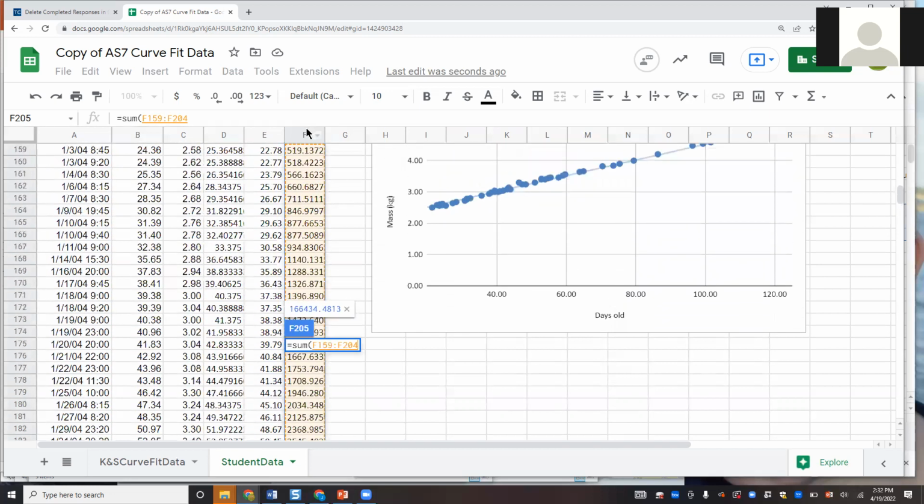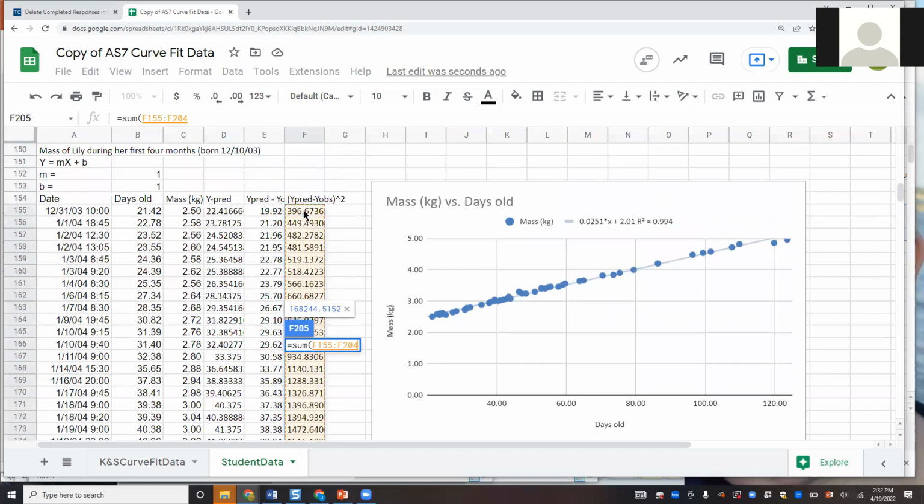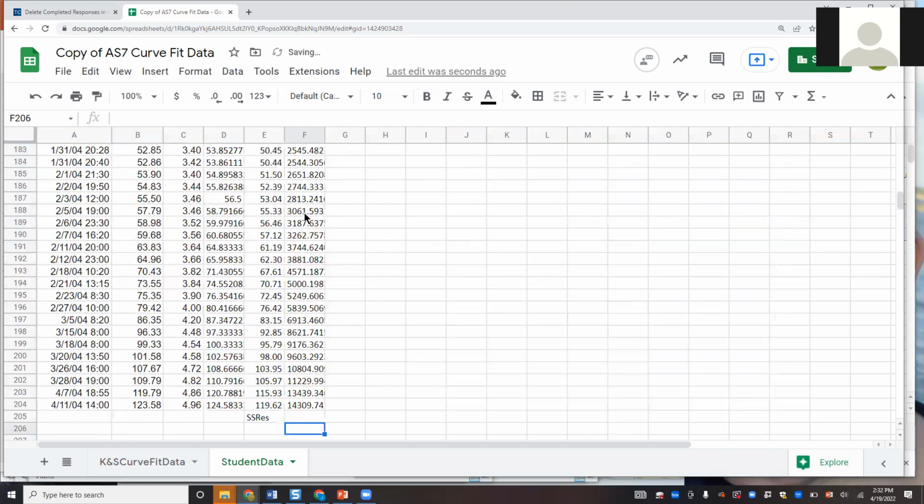So this is the sum of the squares of the residuals. Again, I'm doing exactly what we talked about. If I click on that, you can see I've added up all of the squared residuals, and that's the sum of the squares of the residuals.